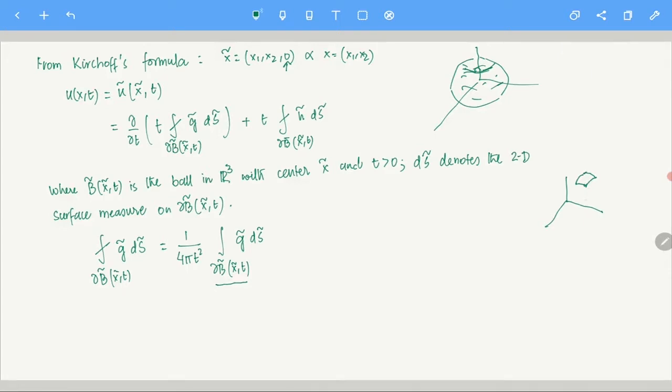Now, this is x1 x2 x3. So for x3 equals to 0, basically this is the hemisphere. Okay, this is some part. I hope you understand my drawing. So the base is x3 equals to 0.